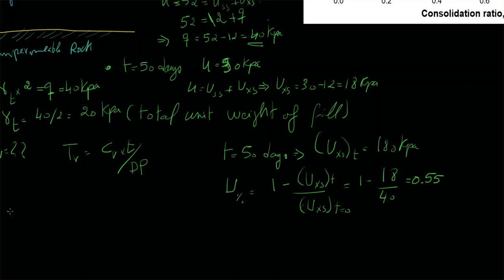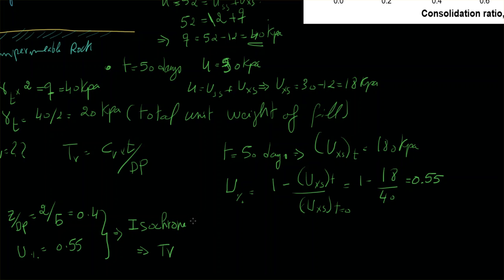Now I could say that z over d_p, what's z? It's 2 meters, which is where I'm reading the data. d_p is 5, so 2 over 5, that's 0.4. And my U percentage is 0.55. Therefore, using isochrones, the isochrone graph, I could obtain T_v. And let's just do that.